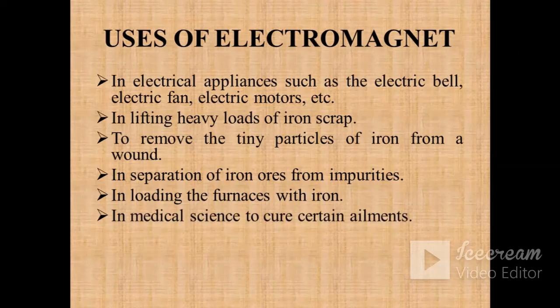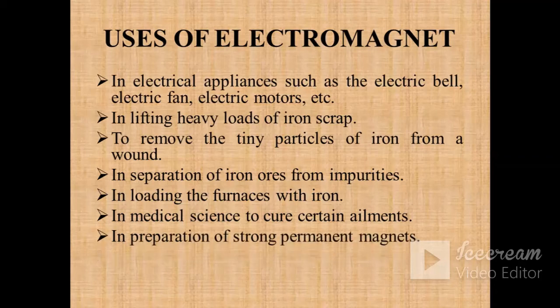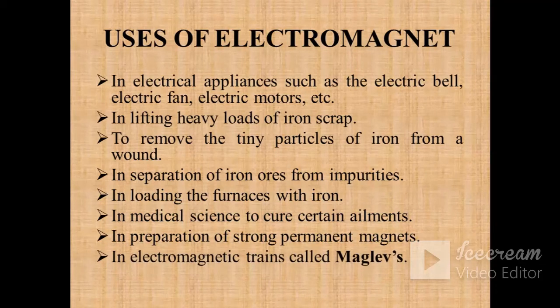In medical science, it is used to cure certain ailments, in preparation of strong permanent magnets, and also in electromagnetic trains called maglevs that run in other countries and are very high speed trains. Since we can increase the strength of the electromagnet, its strength is always greater than the permanent magnet.